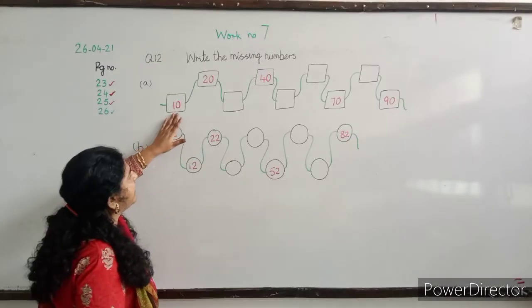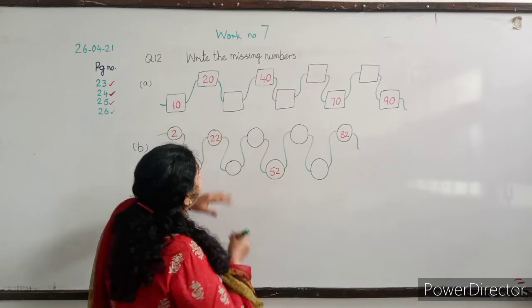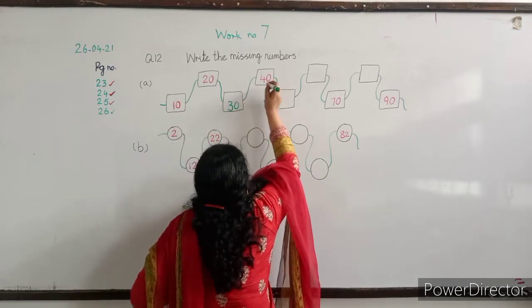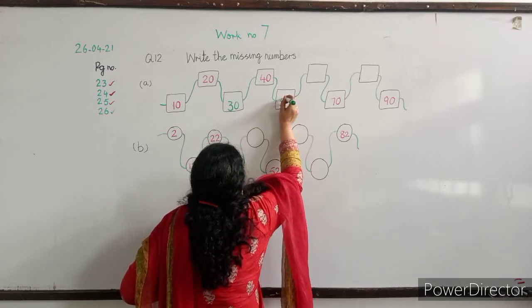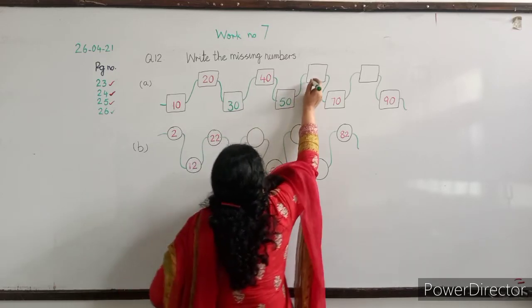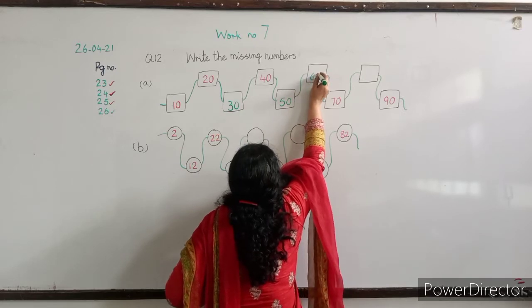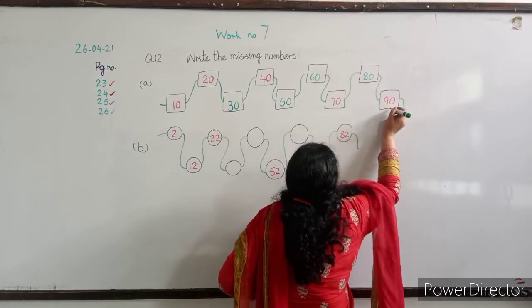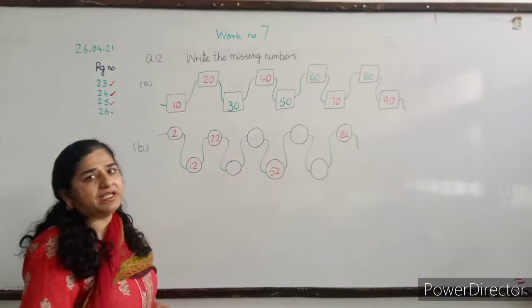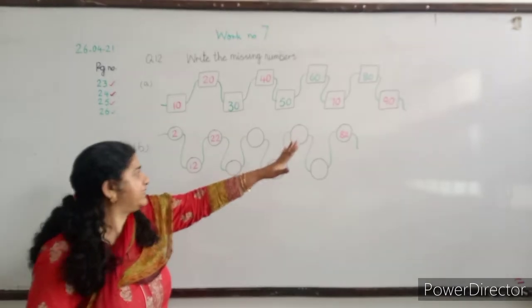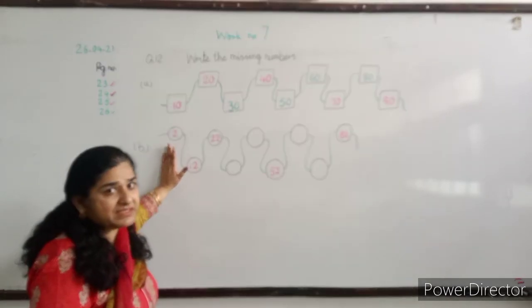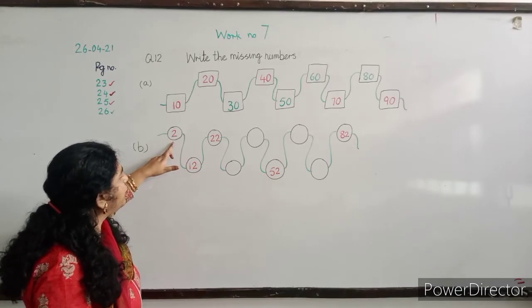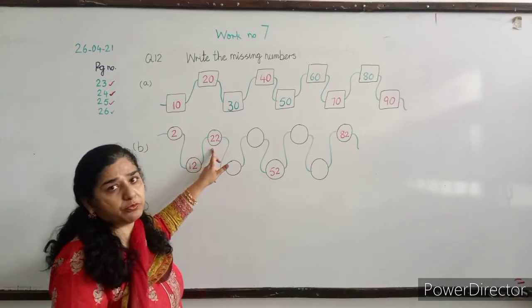So look here, 10, 20 and then 30, 40 and then 50, and then 60, 70, 80, 90. Okay, it was simple counting in tens, but here it is changed. It is, see again, 2, 12, 22.